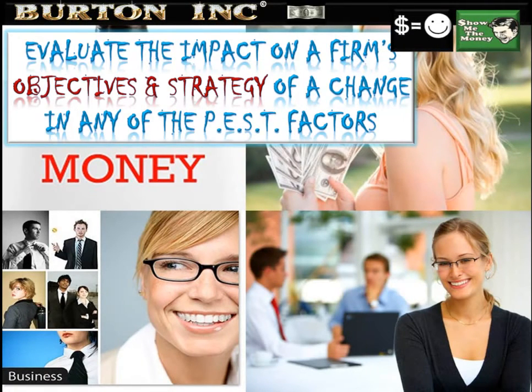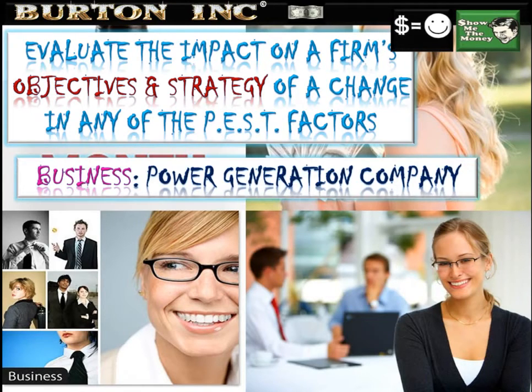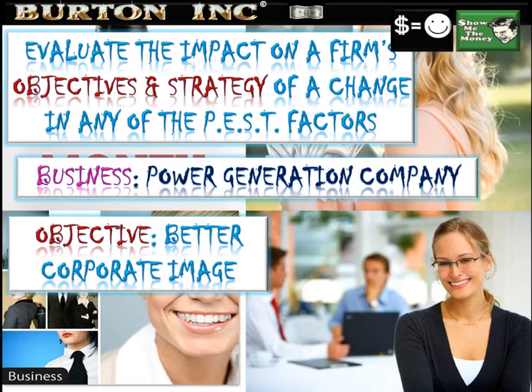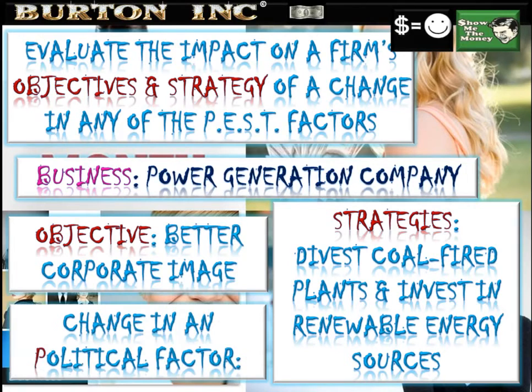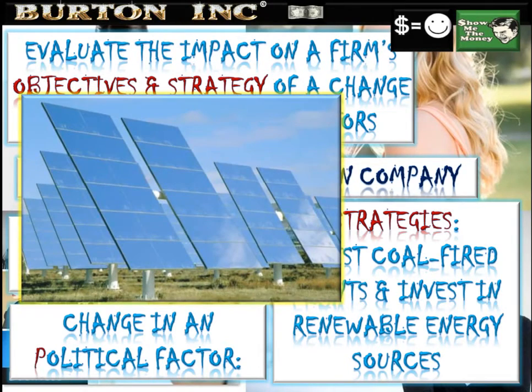Another look at the impact of a pest factor on objectives and strategy. A power generation company. They want a better corporate image. This is their objective. The strategies: divest coal-fired plants and invest in renewable energy sources. We've got a change in the external environment, a political factor in this case. Governments have decided to subsidise solar energy.